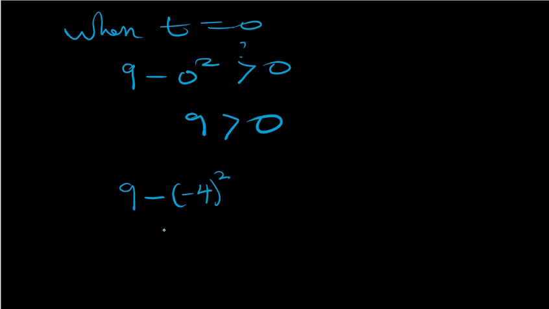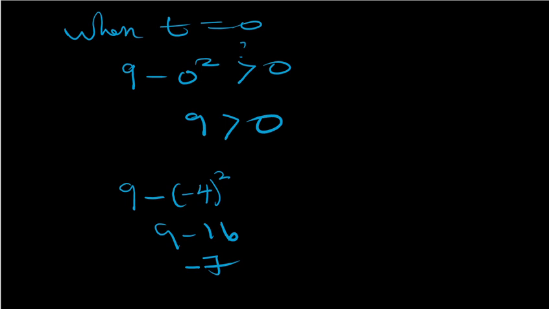We are going to have 9 minus 16, and that will give us negative 7. I hope I'm correct. Yeah, negative 7. So we can see negative 7 is not greater than 0. So this is for region A.